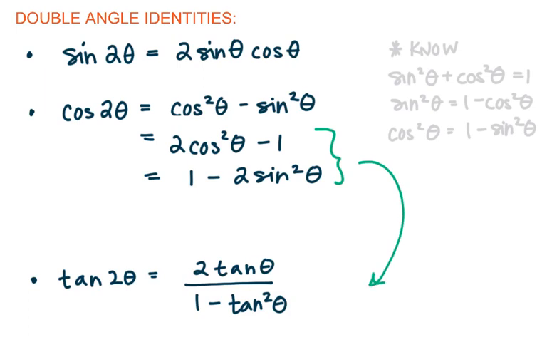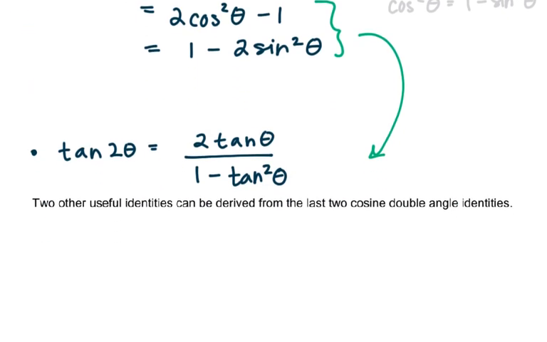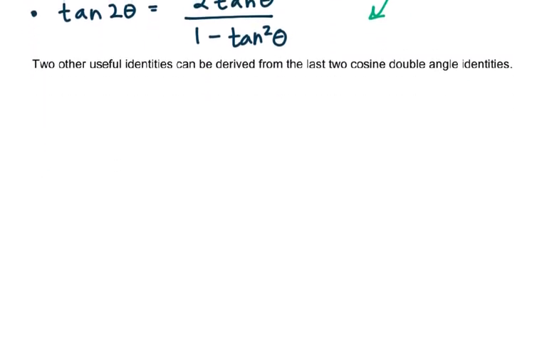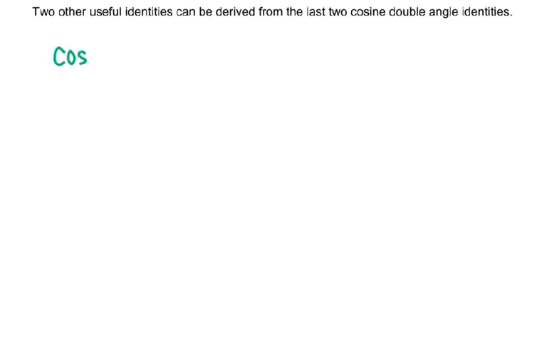Now, we have 2 other useful identities that can be derived from the second 2 cosine double angle identities. So we have two other useful identities here that we're going to derive from what we recently wrote. We said that cosine 2 theta is 1 minus 2 sine squared theta.